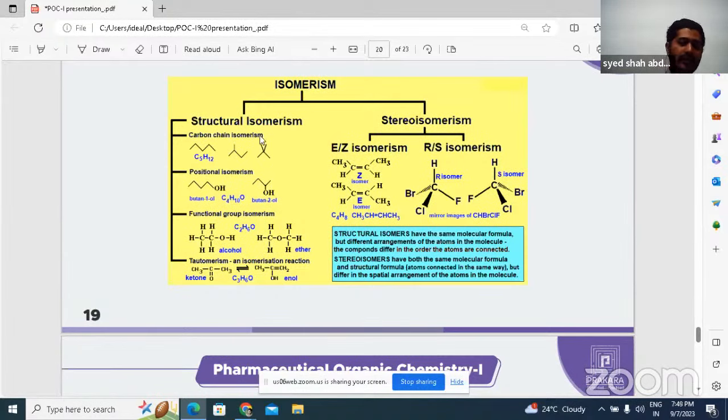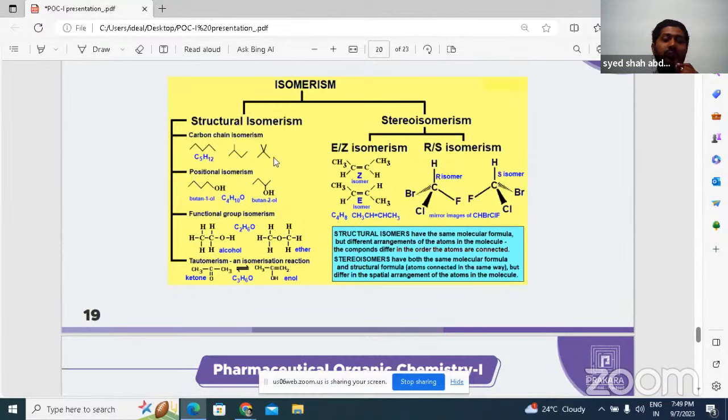But in the exams, the question is sometimes asked simply about structural isomerism. Sometimes in the question paper, they might even specify to write an example or give a note on positional isomerism, or write an example for functional isomerism. They might specify, but usually they won't specify when they ask for 5 marks.